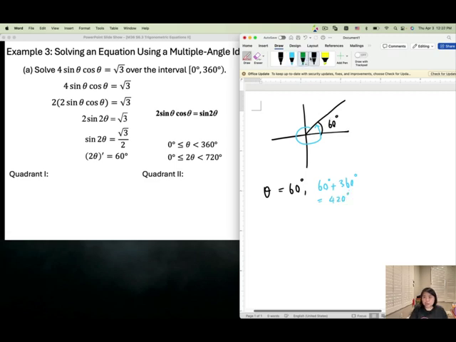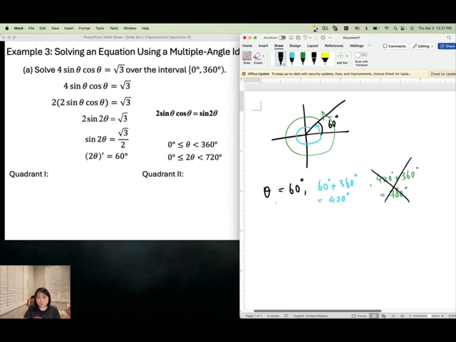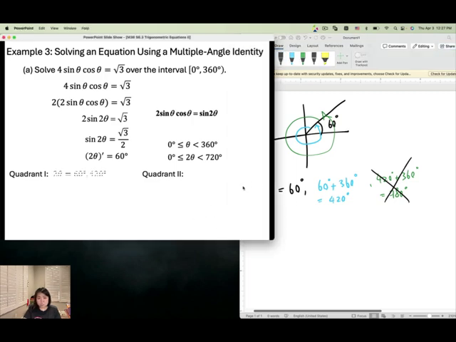When we have 420, we could add one more circle, 420 plus 360, but this is already 780 degrees, which exceeds the solutions. So we only have these two angles, 60 and 420. Now we want to find theta, so we divide the whole equation by 2. You're going to get 30 and 210.